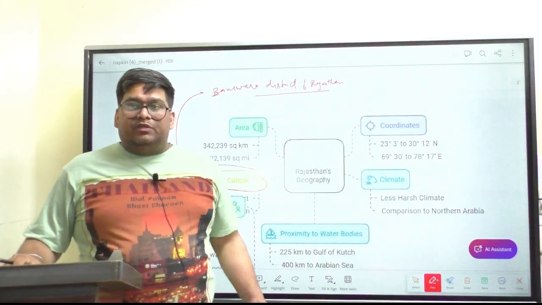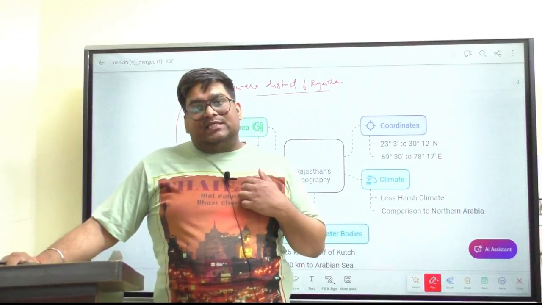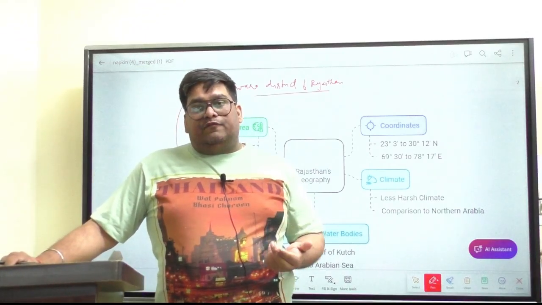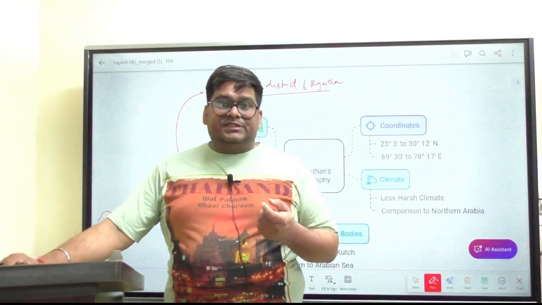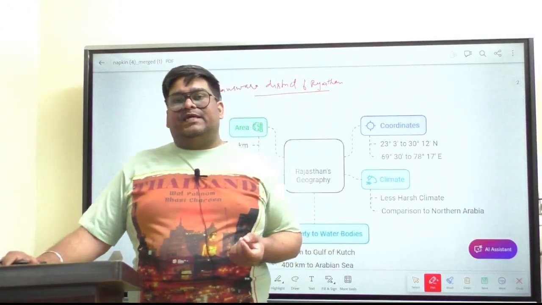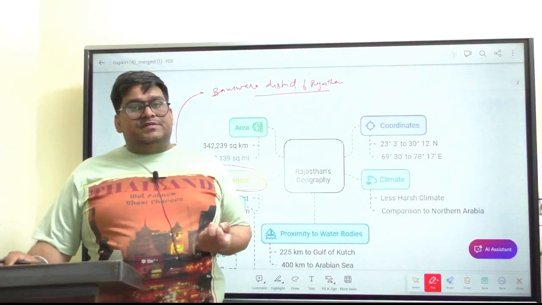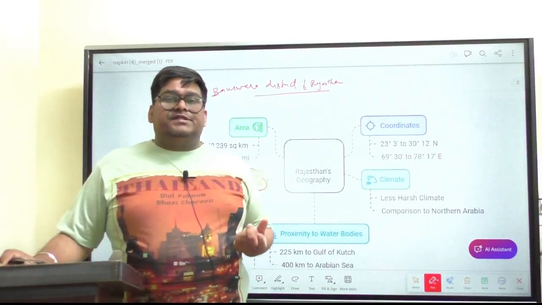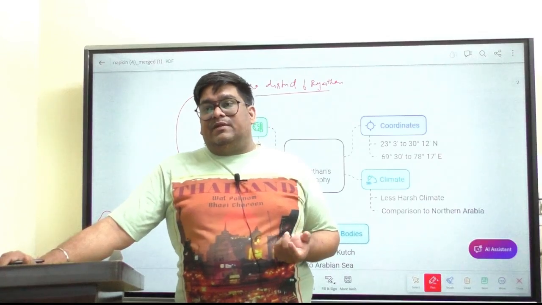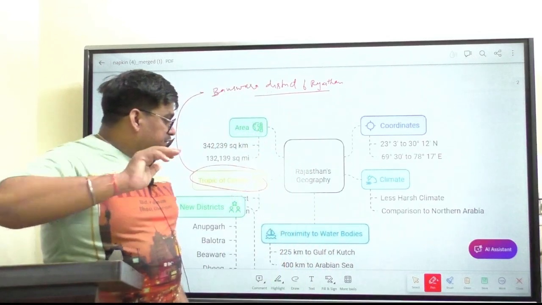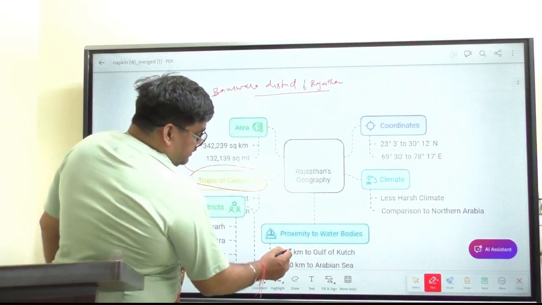Now, when you look at its distance from the Gulf of Kutch as well as the Arabian Sea, the southern part of Rajasthan is the nearest to them. From the Gulf of Kutch it is around 225 kilometers, and from the Arabian Sea it is around 400 kilometers. It is also written very clearly here.